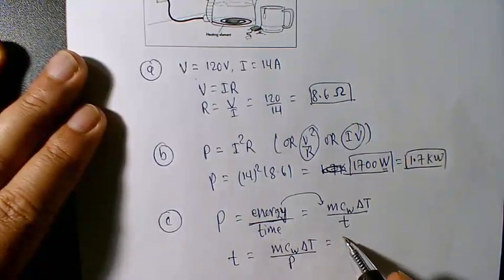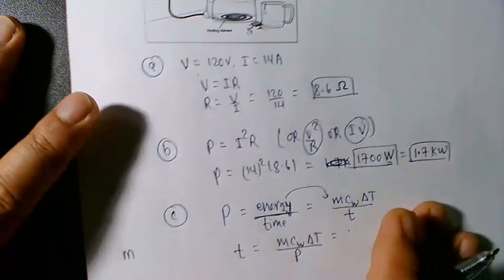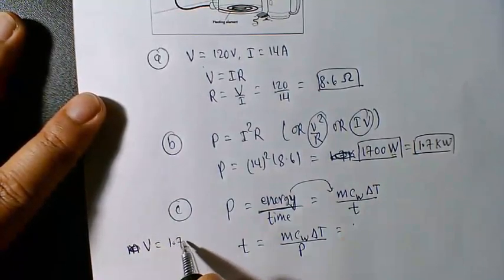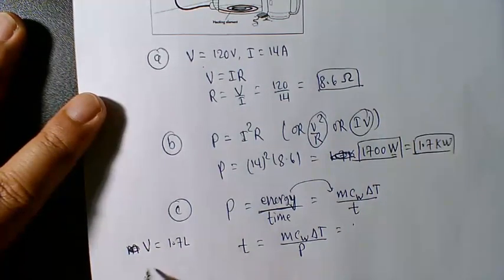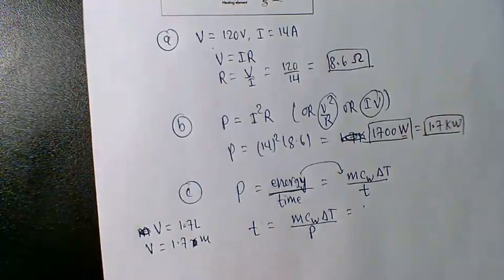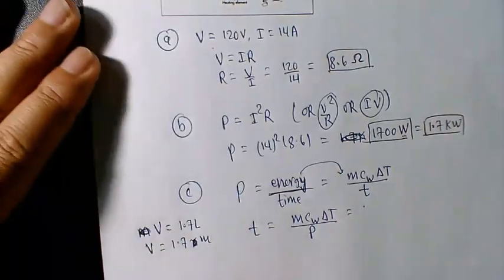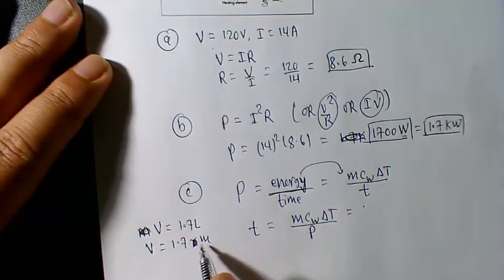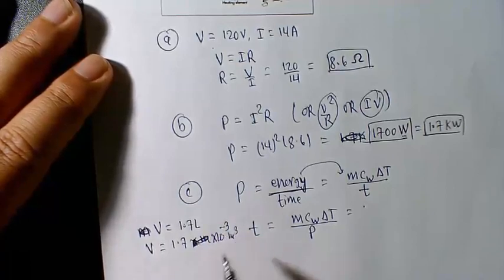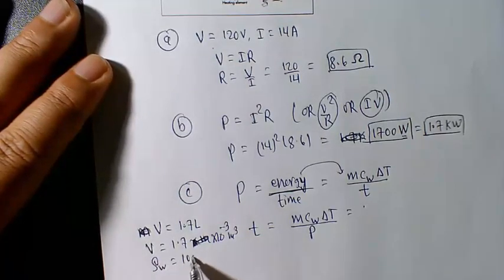So the mass of the water: convert first. The volume of the water is 1.7 liters, and that's a volume of 1.7 times 10 to the power negative 3 meter cubed. And the density of water is 1000 kilograms per meter cubed.